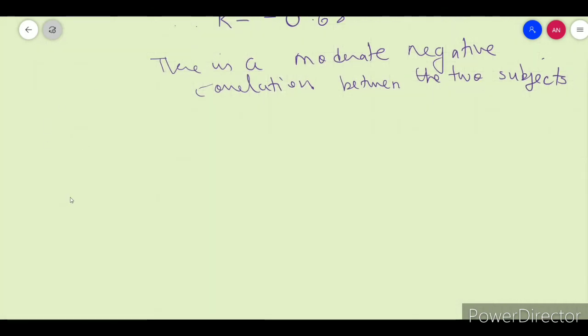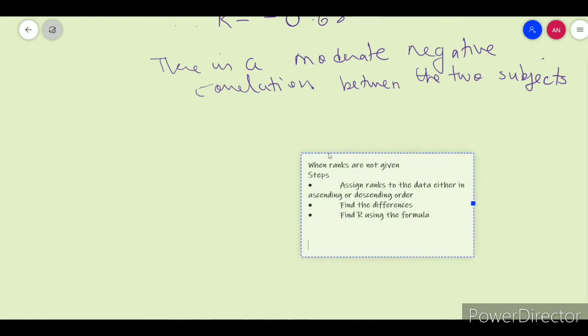Now there are many times when ranks are not given. Suppose we are asked to find the rank correlation and we are only given the actual data. So how do we calculate the rank correlation in such a case? What we do here is we follow these steps when the ranks are not given.